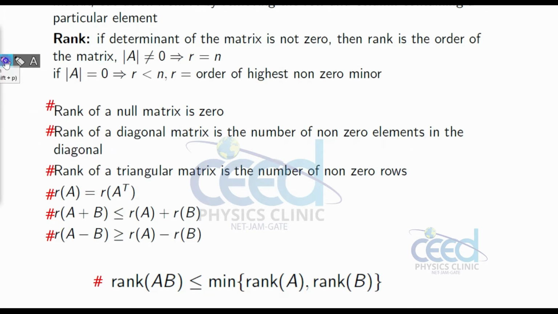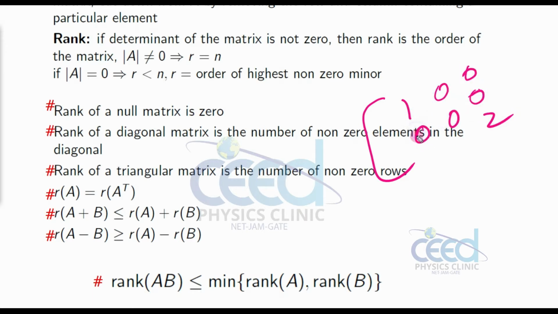Suppose you have a diagonal matrix with diagonal 1, 0, 2. For a diagonal matrix, all elements other than the diagonal elements are 0, and some diagonal elements may be 0 also. If this element is 2, how many non-zero diagonal elements does it have?